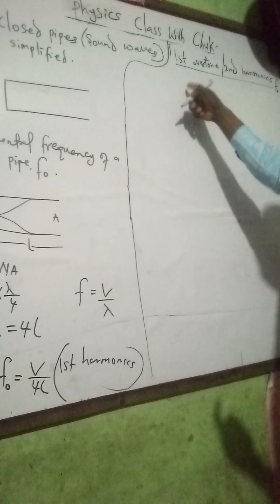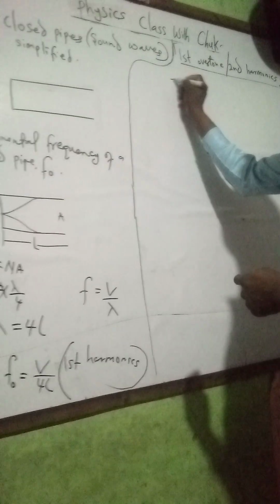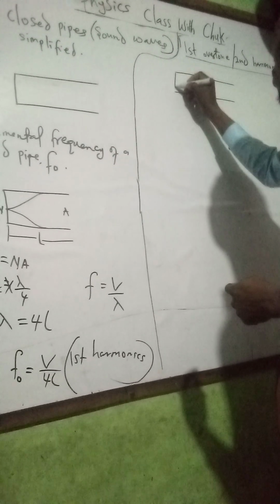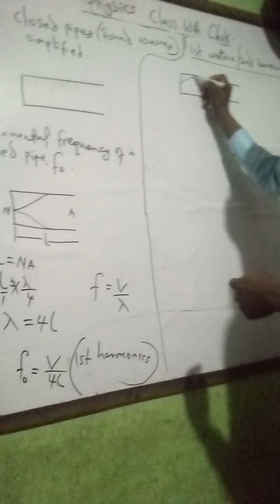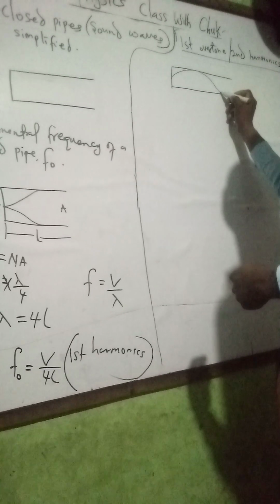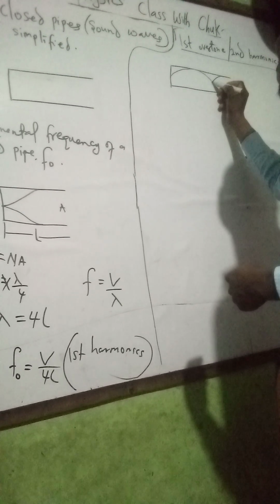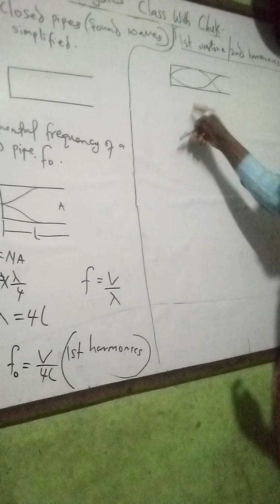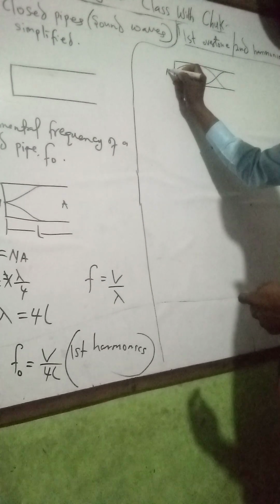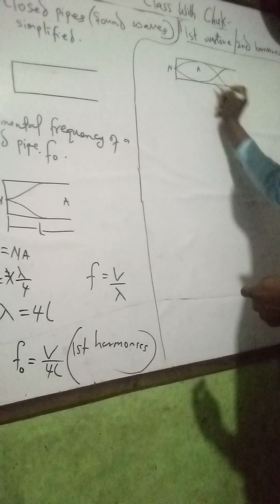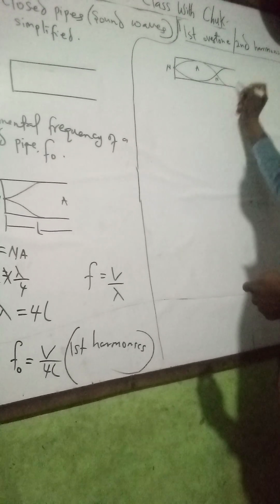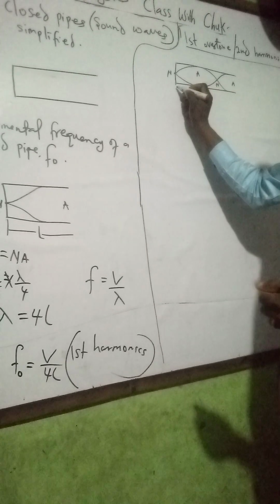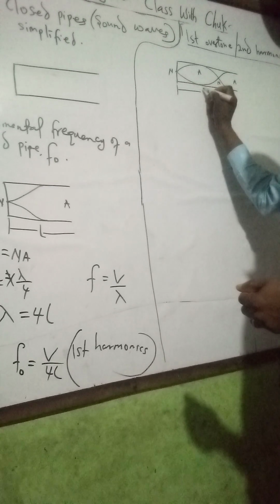Now let's draw the pipe. This is the pipe. Now, this is node. This is antinode. This is node. And this is antinode. So the length of this pipe is this.